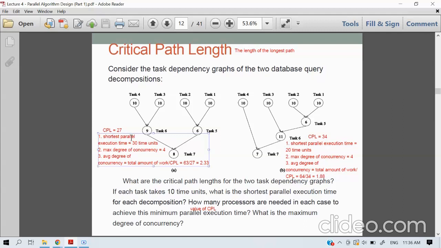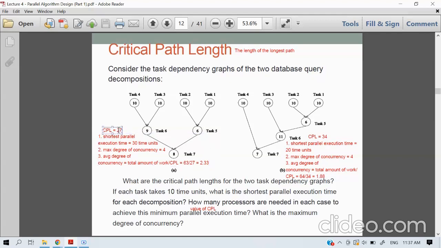How can we get a shortest parallel execution time equal to 30 time units? Because it says that each task takes 10 time units. What is the shortest parallel execution time for each decomposition? Why is the answer 30? Assume all these tasks take 10 time units.